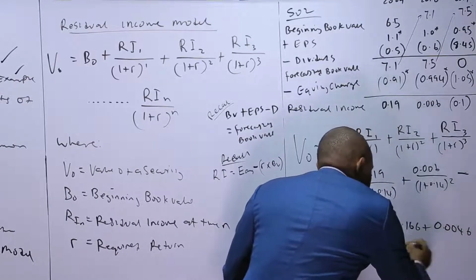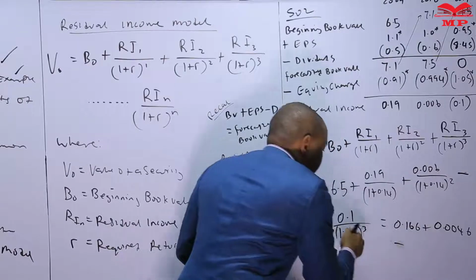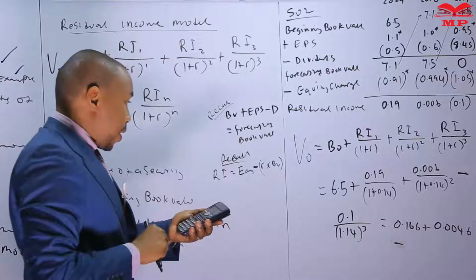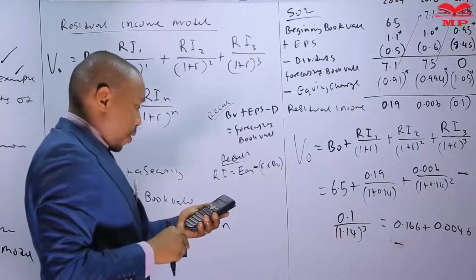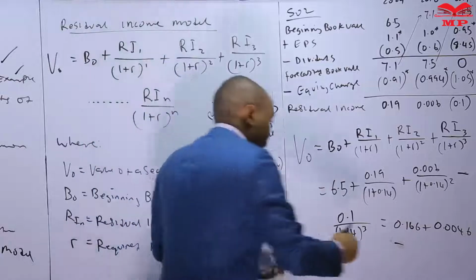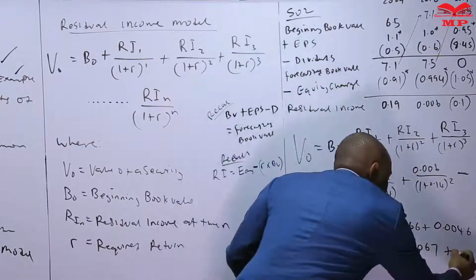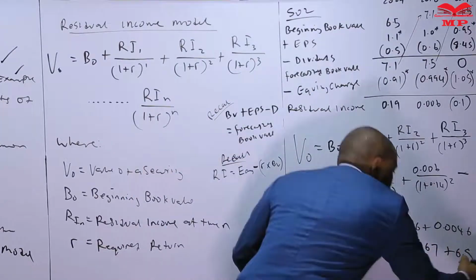Then we minus, we can just less this component, discounted value. 0.1 divided by 1.14 cubed, we have 0.067. Then we add now this 6.5 here, the 6.5 like that.